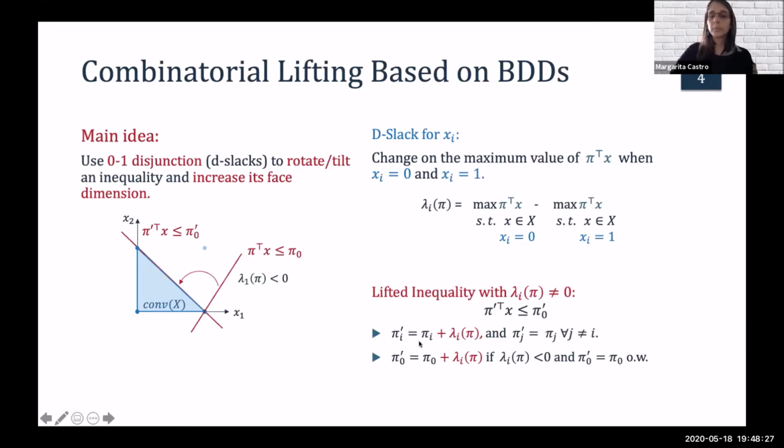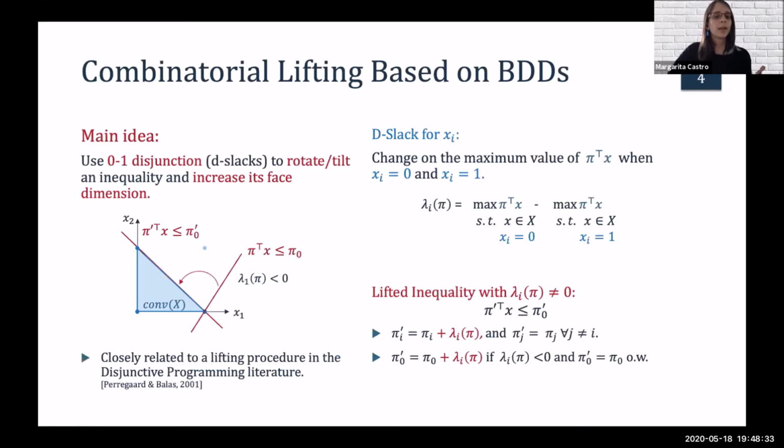It's just small perturbations to the left-hand side and also to the right-hand side of the inequality. This procedure is closely related to several other lifting procedures in the literature, especially one in the disjunctive programming literature that has a lot of nice connections with ours.